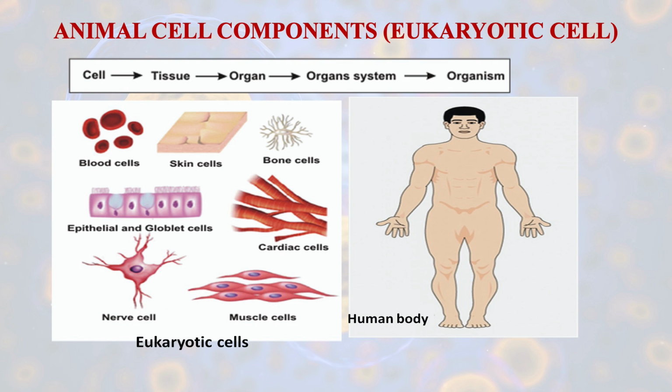These specific cells perform specific functions: nerve cells make the nervous system, muscle cells help in movement, cardiac cells help in the formation of the heart, and bone cells make the skeleton of the human body.